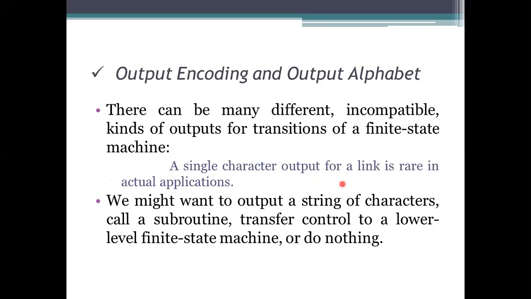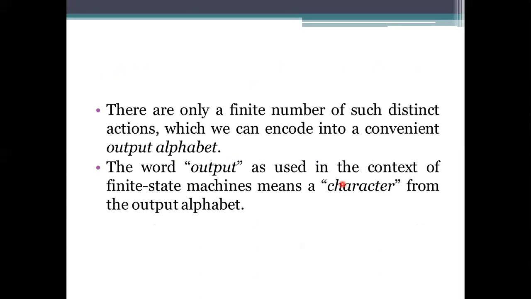Likewise, along with the input, we also use output encoding and an output alphabet. Here I mentioned none as 5, and then next these values: rewrite, erase, and also out of service. So the output we specify will have a code, and by that code we call the methods or routines and perform the action on that specification.